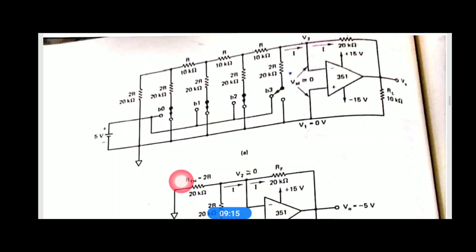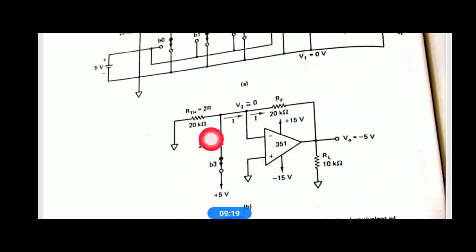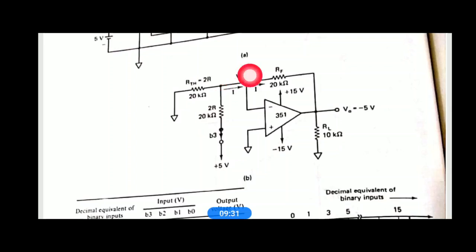This 2R is connected to plus 5 volt. Now you see this is exactly the inverting amplifier. So for this inverting amplifier the input is plus 5 volt.